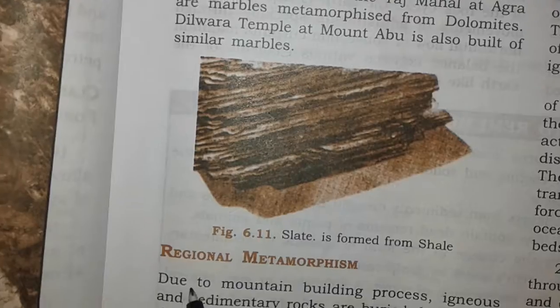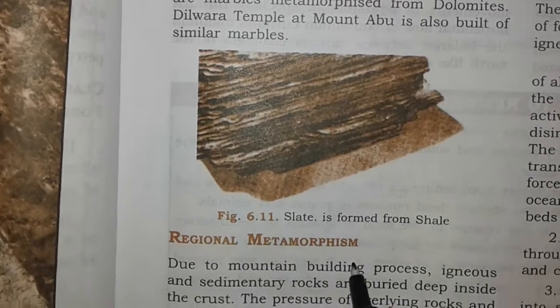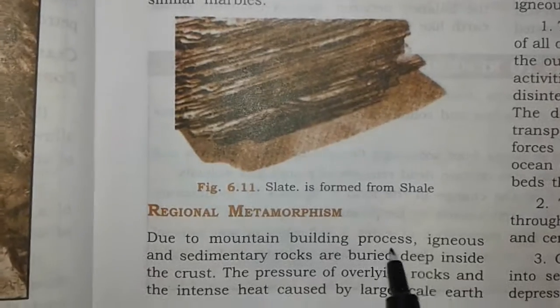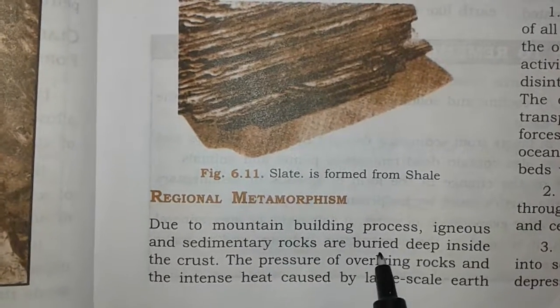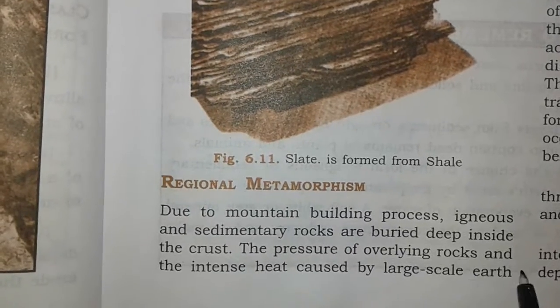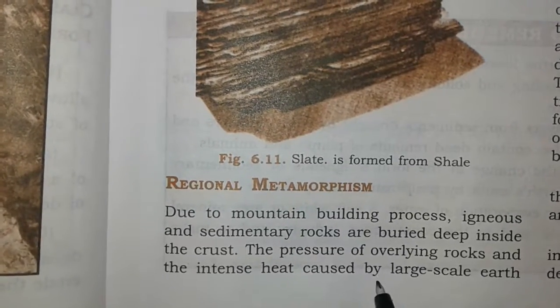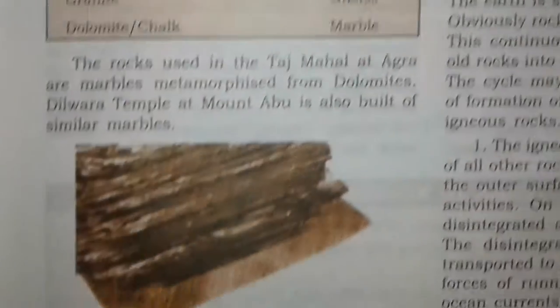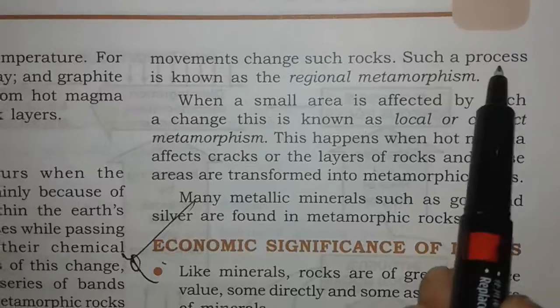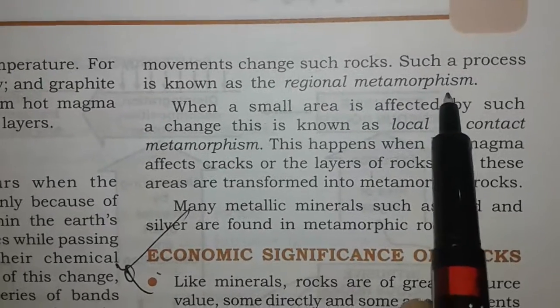See children, now we will come to regional metamorphism. Due to the mountain building process, igneous and sedimentary rocks are buried deep inside the crust. The pressure of overlying rocks and the intense heat caused by large scale earth movements change such rocks, and the process is known as regional metamorphism.